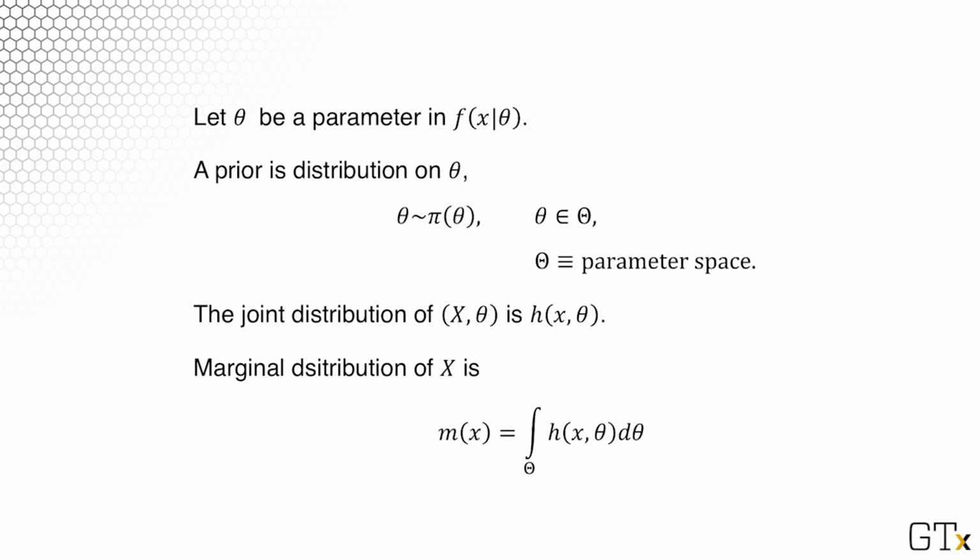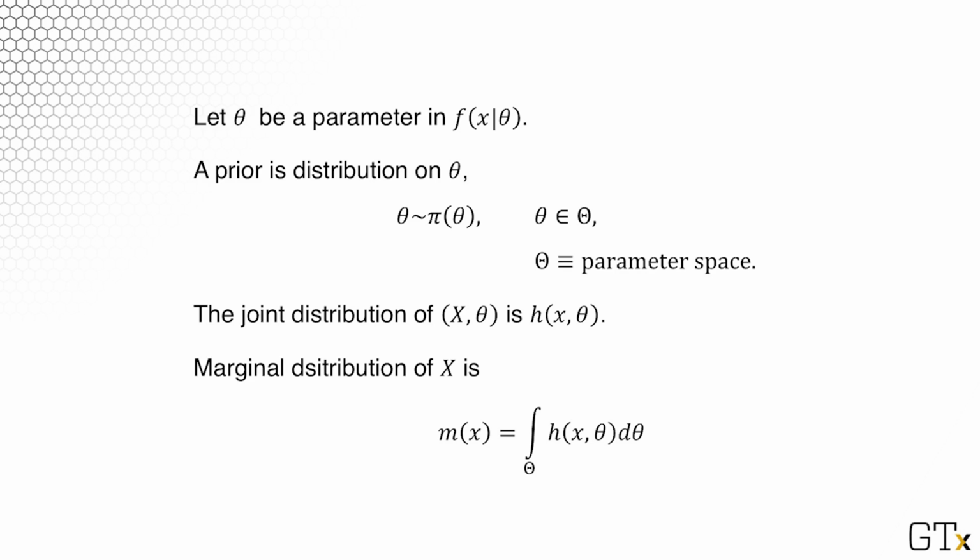So it is usually denoted pi of theta, and theta is an element of the parameter space, capital Theta. Now you can think about these x's, which are your measurements that you are modeling, and theta as a vector of two random variables. And the joint distribution of this vector, x and theta, is h of x, theta.